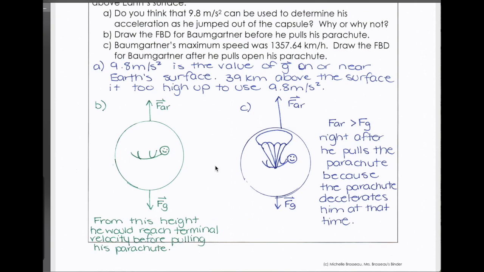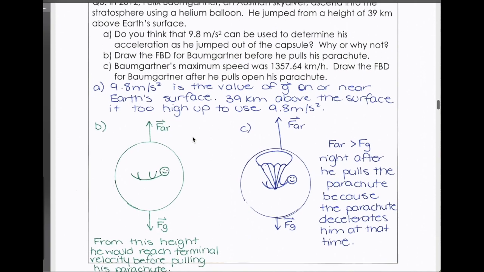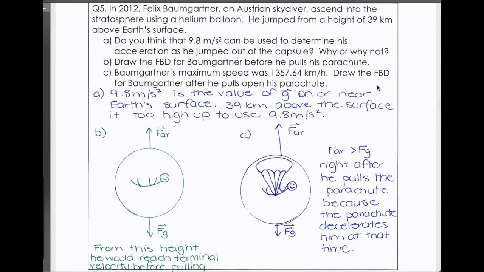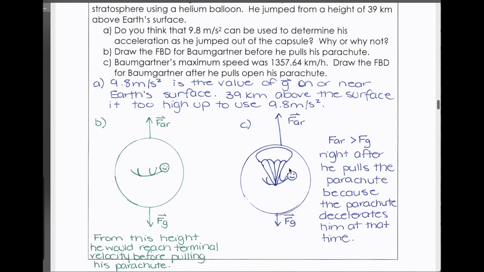And then for part C, Baumgartner's maximum speed was 1,357.64 kilometers per hour. Draw the FBD for Baumgartner after he pulls open the parachute. Okay, so after he pulls open the parachute, the force of air resistance is actually going to be greater than the force of gravity.